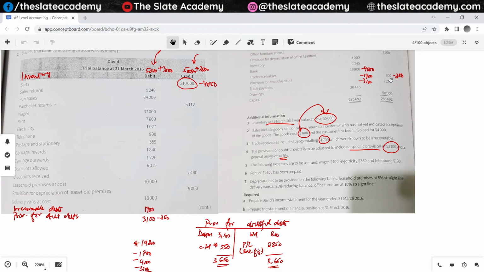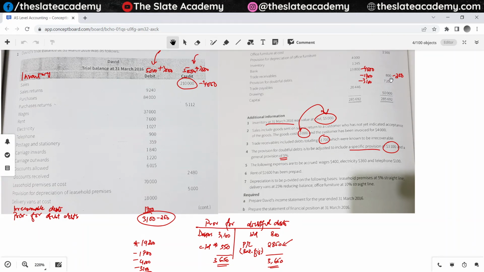So now the balance that gets charged to the profit and loss account in lieu of provision for doubtful debt would be 2,850, exactly the amount that we calculated over here. Make sense?